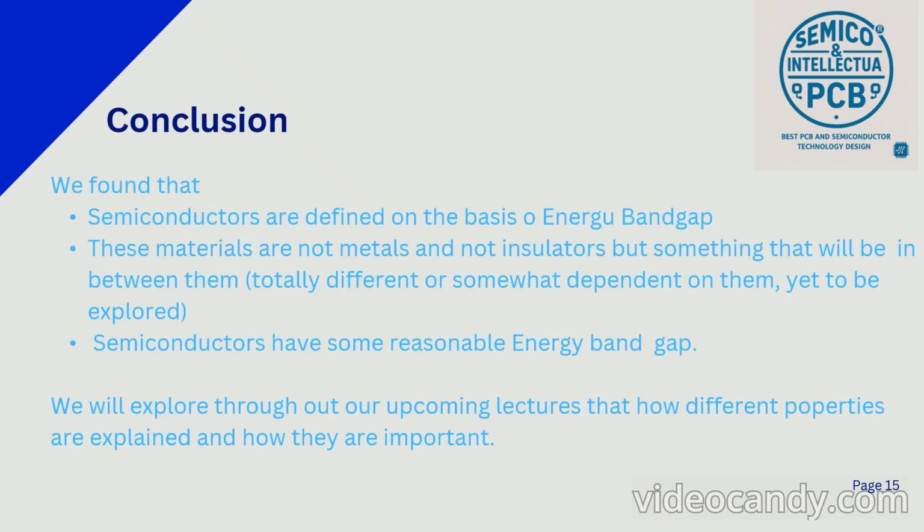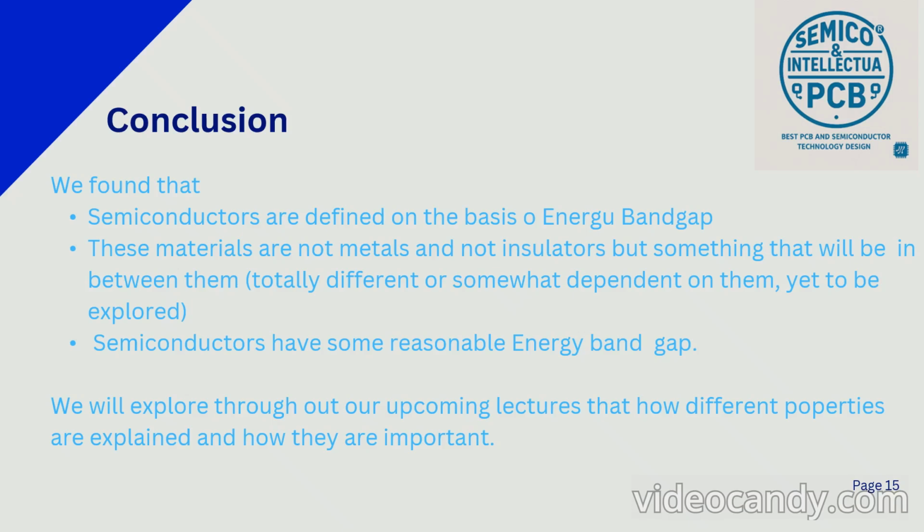So, to conclude, what is a semiconductor? A semiconductor is in between metal and non-metal. Its energy band gap lies between 0.1 to 0.3 electron volts at the lower end and the upper limit.